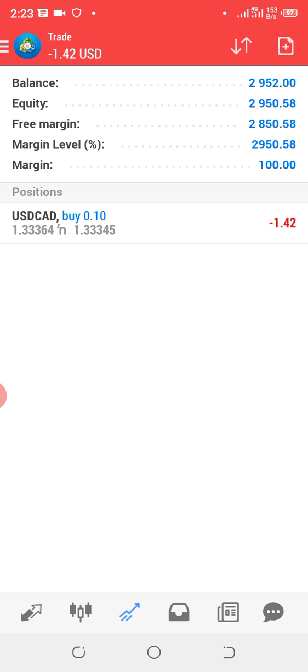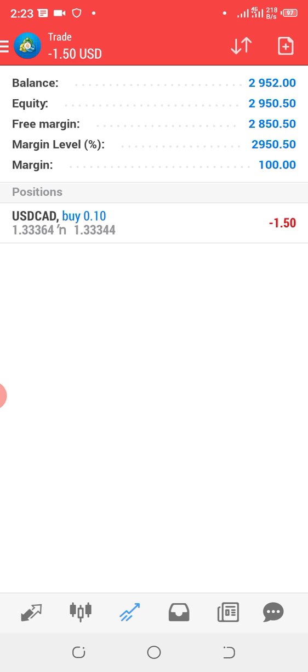So for 1:100 leverage and a $100 account, if you want to open a micro lot size, you only need $10 per trade as required margin, which means you are only risking 10 over 100, that's 10% of your capital. If you use $10 out of $100 in your account, it means that you are only using 10% of your account to trade.